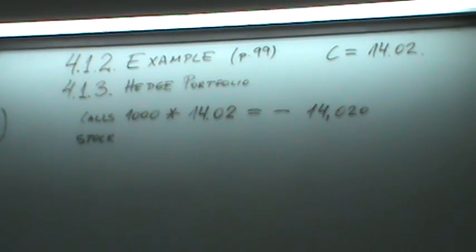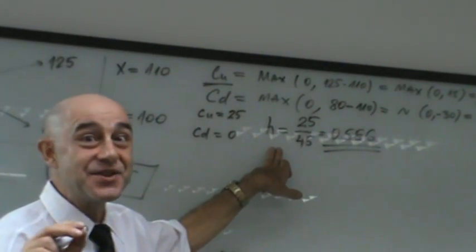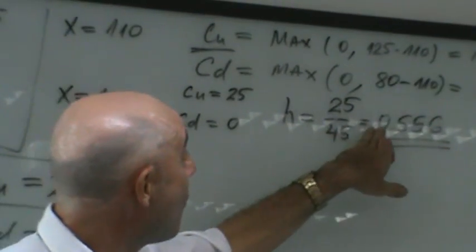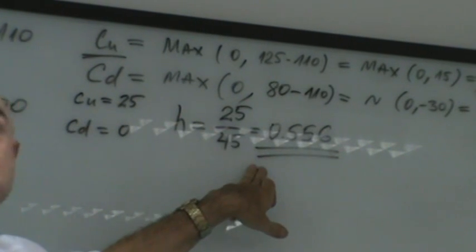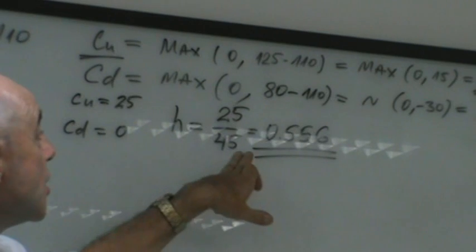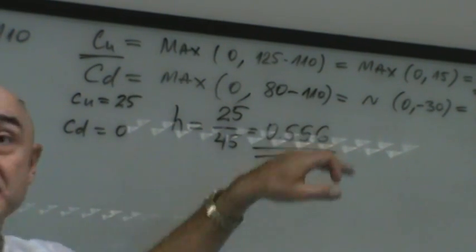Now zoom in nicely so that you can see H equal to 0.556. Okay. So this means that for 1,000 calls, you will have 556 stocks. Now we go back over here.